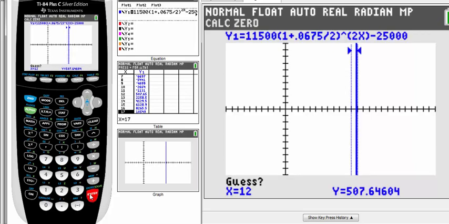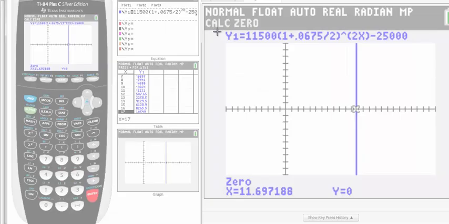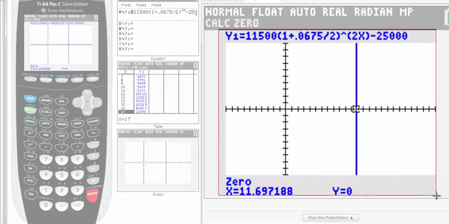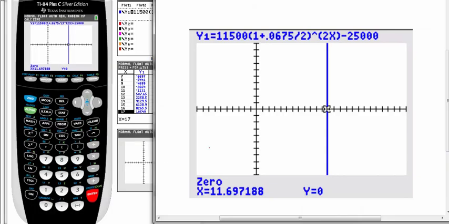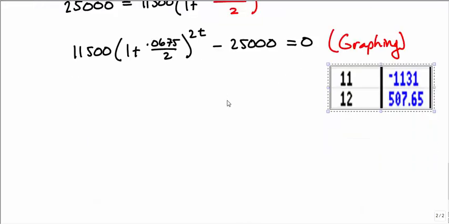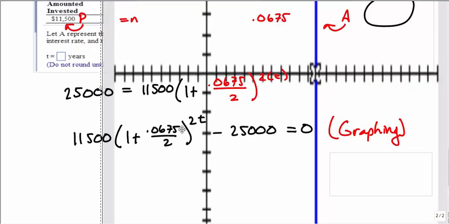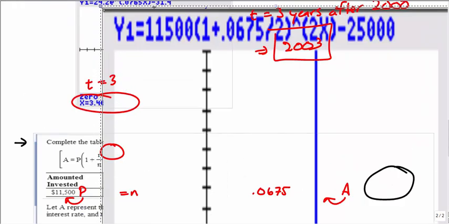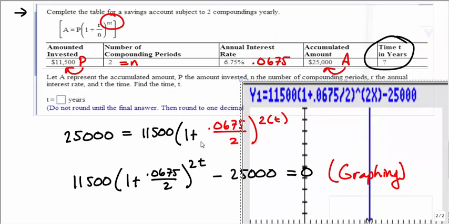There's my right bound. You can see I'm on either side, and then hit enter for our guess. It says this is my 0, 11.69. So that's my answer, 11.697188 years.